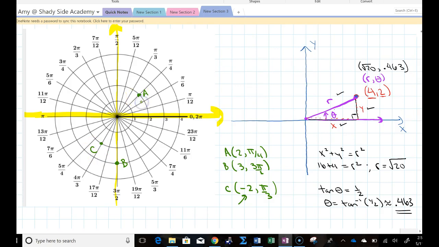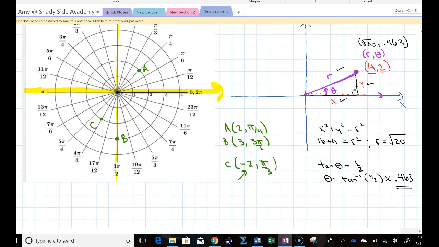Okay? All right, now here's what I want you to do. Would you please go ahead and convert the point negative 2, pi over 3 into familiar rectangular coordinates.